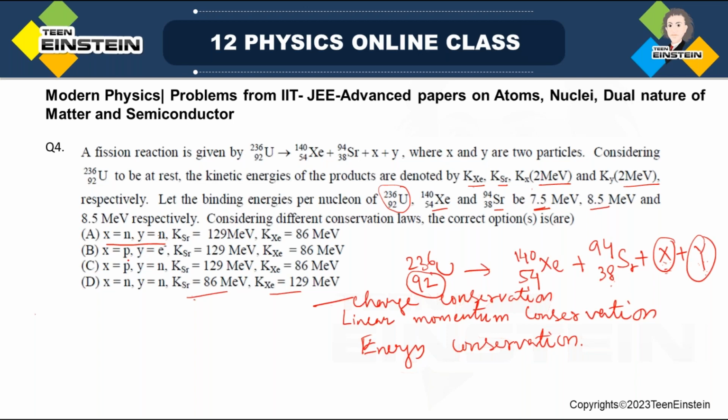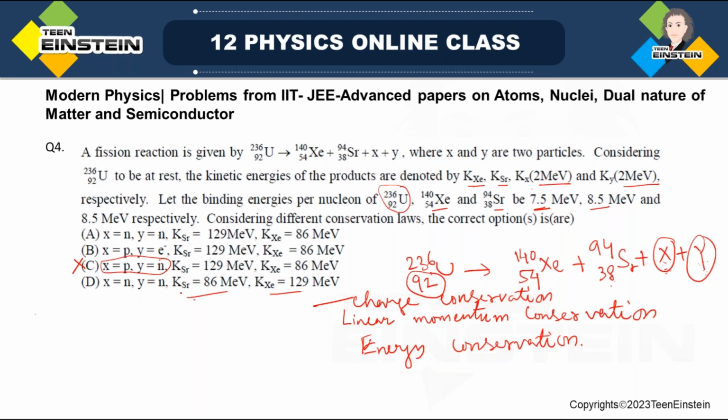In option B there are proton and electron, so we cannot distinguish these two; we have to go further with kinetic energy, etc. And then look at option C. At a glance we can ignore this option, thinking it is wrong, because the total charge of proton and neutron cannot be 0, right? It gives some additional charge, which is not possible. So option C we cannot consider at all.